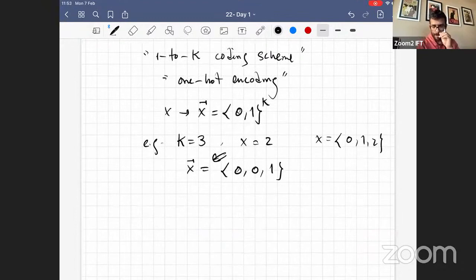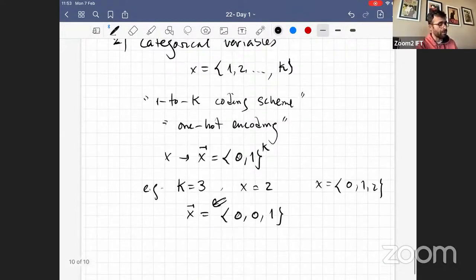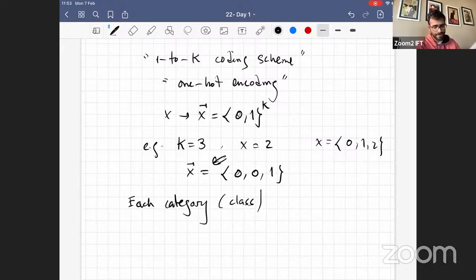So this is the 1 to k scheme, or the one-hot encoding, if you read it in the machine learning literature. And then the way to deal with this type of variable is that each category, or each class, k has an associated probability mu k.